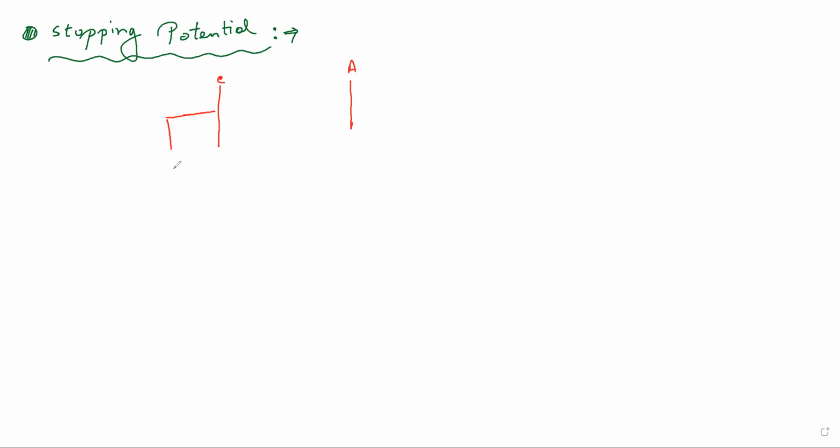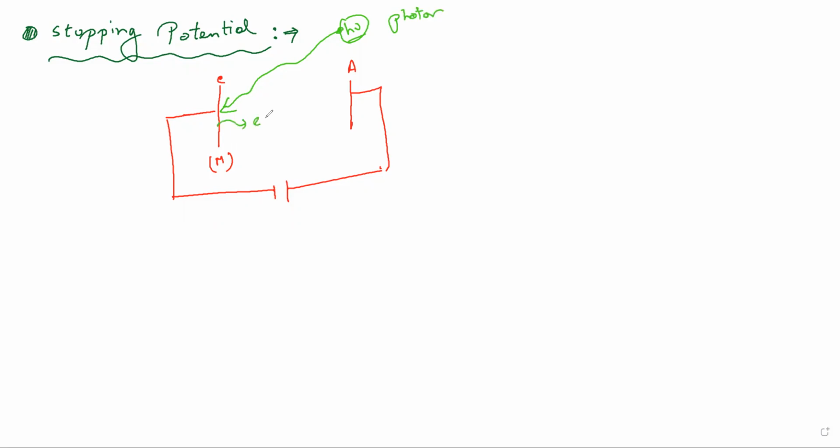We all know that if this cathode and anode are connected to a circuit, and this is a cathode metal, then on incidence of any h nu or any photon, an electron gets ejected out and it can travel from the cathode to the anode. Stopping potential is when you have to apply another high voltage.